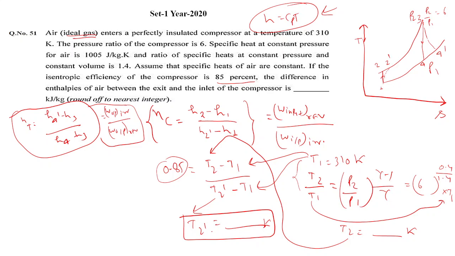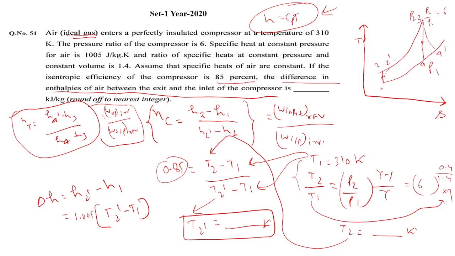Getting or not getting? So what will be the enthalpy difference? What is asked in the question is the difference in the enthalpies of air between exit and inlet of the compressor. So exit is H2 dash and inlet is H1. Simply in kilojoules you have to write: 1.005 times T2 dash minus T1.